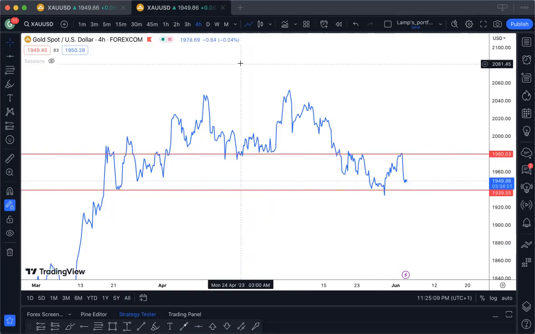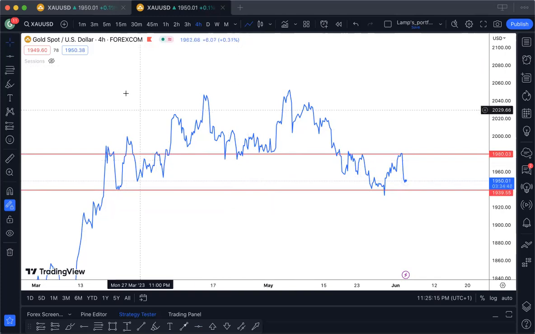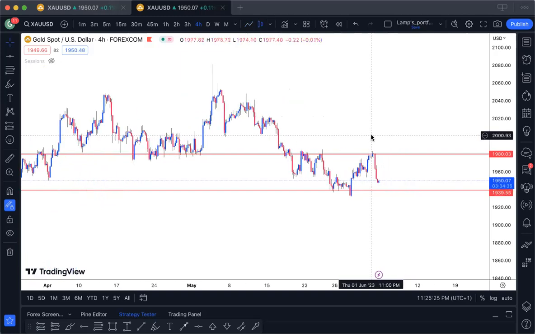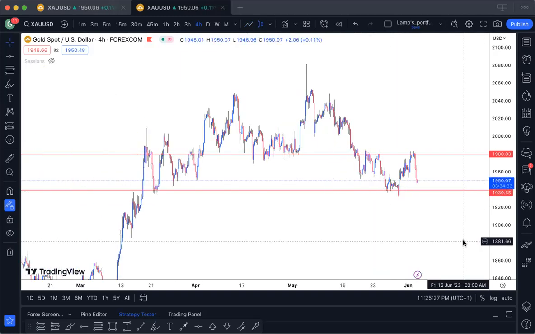Now the next thing you do is change to the candlestick charts.